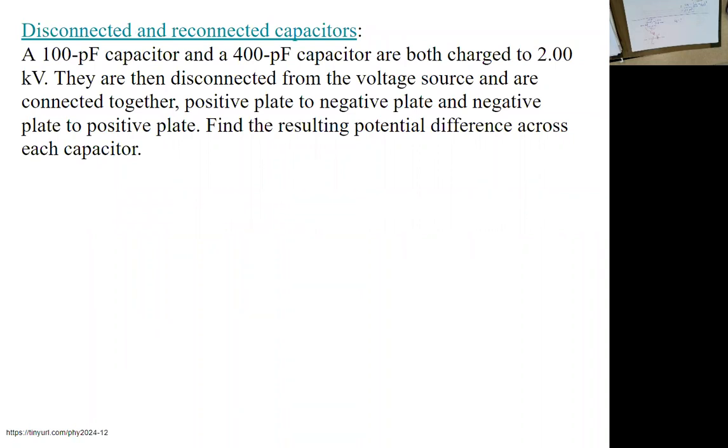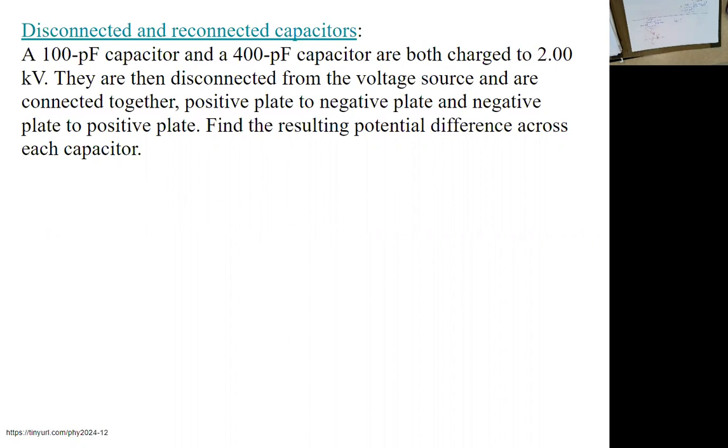A lot of times when you are charging a capacitor, and after that's done, you probably want to remove the power supply.